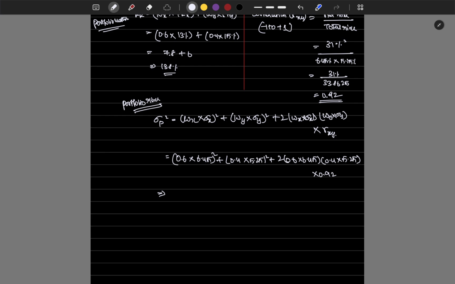Okay, the portfolio risk is 34.34 percent square. Let's take the square root, which is 5.86 is the portfolio risk of these weights, 60% in x, 40% in y. If we invest in the portfolio with this ratio, the risk will be 5.86%.